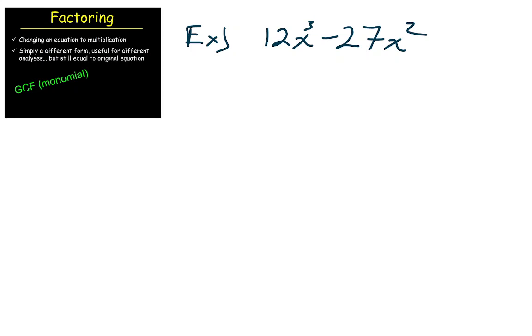We've got a 12x cubed, and a minus 27x squared. There's a common GCF to each of these numbers, the greatest common factor. In other words, the highest number that divides into 12 and 27. It turns out that it's the number 3. At least it's the GCF of the numbers.